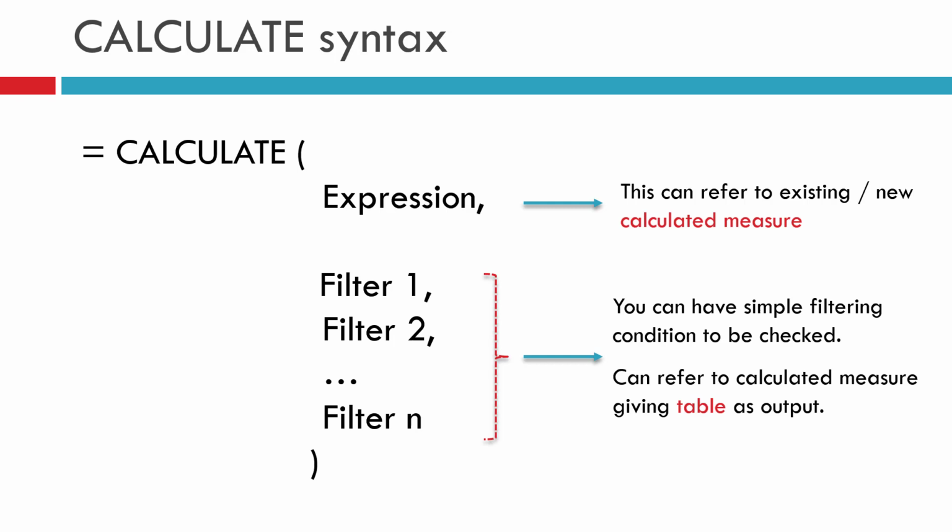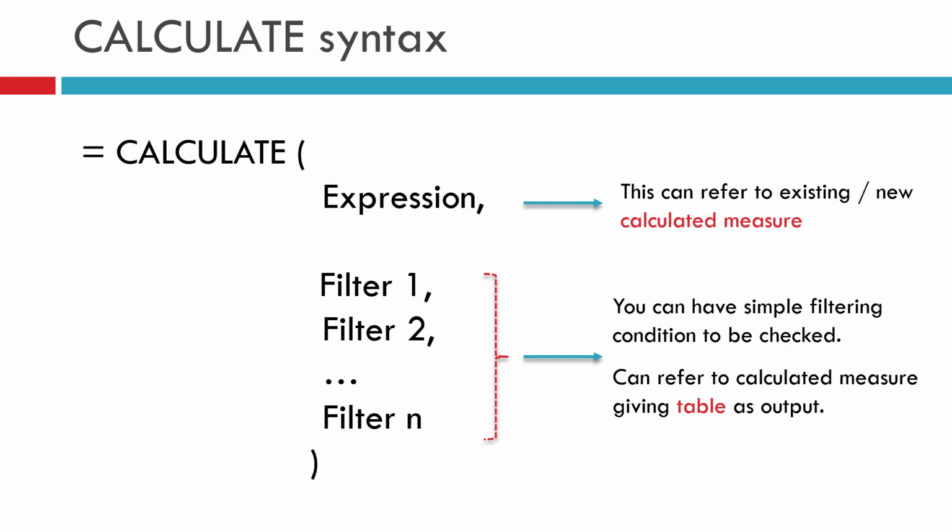This is done by adding or overriding the existing filter context which it gets from your visuals, slicers, filters and so on. The filtering conditions you can specify here should be simple, or can refer to a DAX measure which will give you a table as an output. So to overcome these limitations, we will have to take help of some other DAX functions. We will see more about that in a later part of the videos.